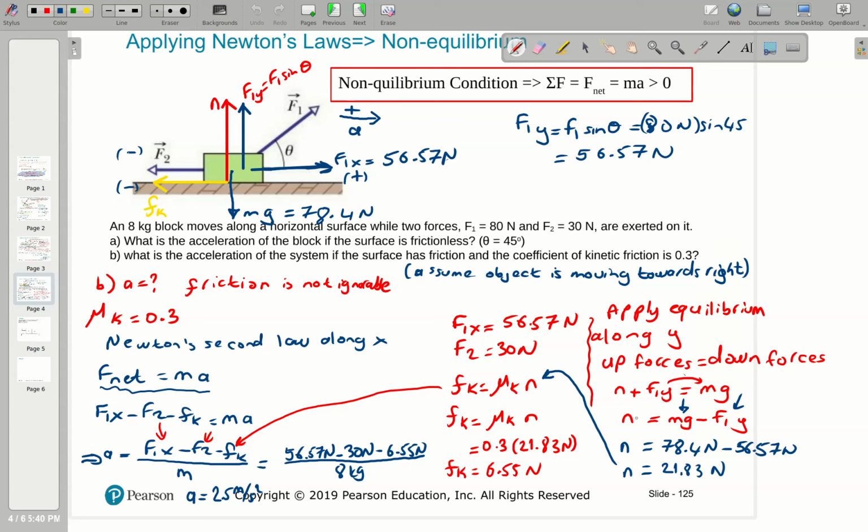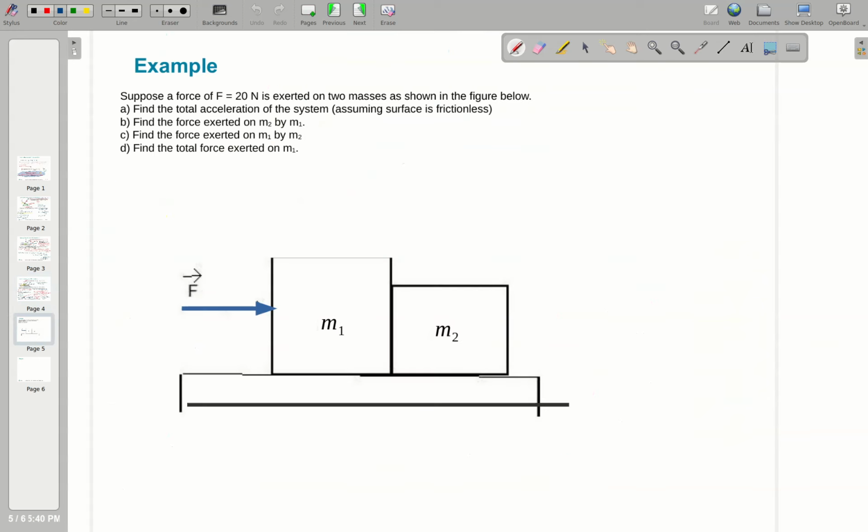All right, one last question, and it's about when we have objects in contact and we're pushing one of them, how that force would be carried over to the other and so on. And if we have a system with more than one mass, how do we approach these types of problems? Problem here is this, as you see in the figure.